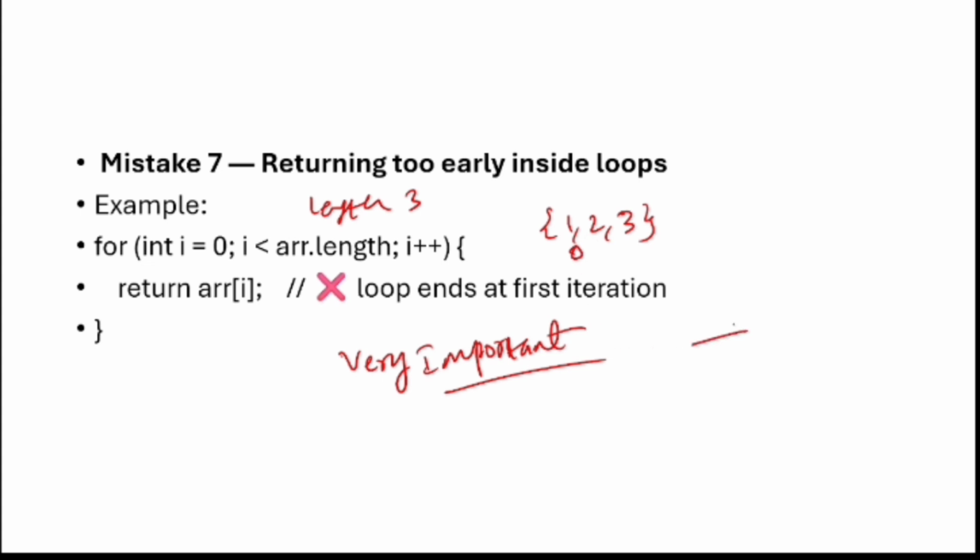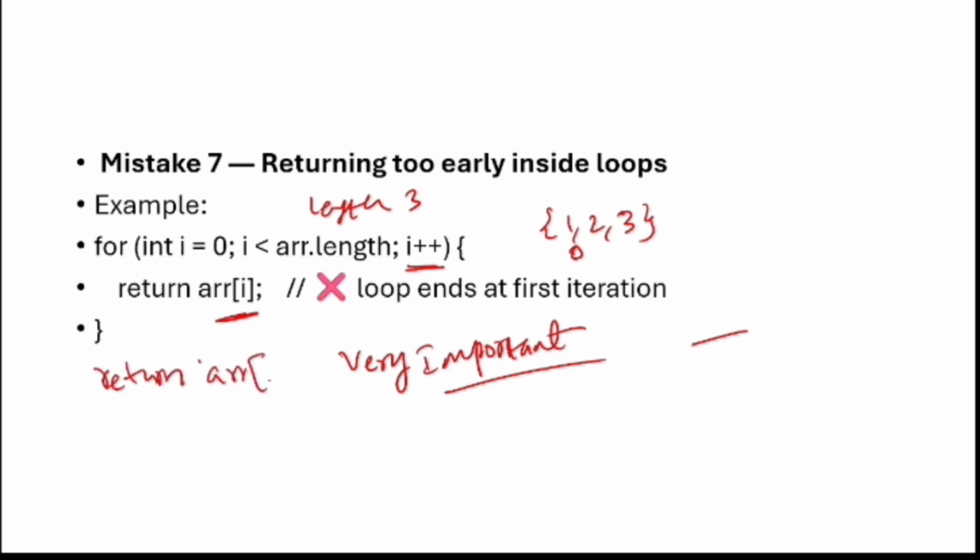So it will not go for the next iteration. i++ will not happen, because you are returning array of i. That is returning too early. It is not iterated for all the values. So you need to write the return at last.